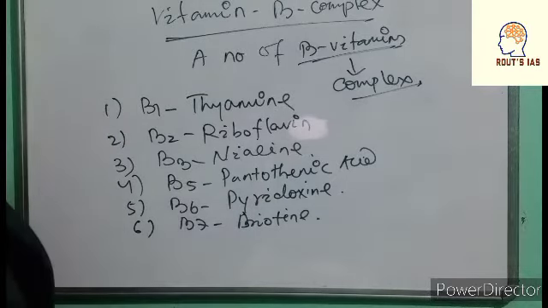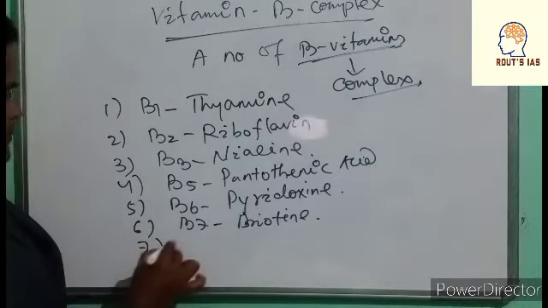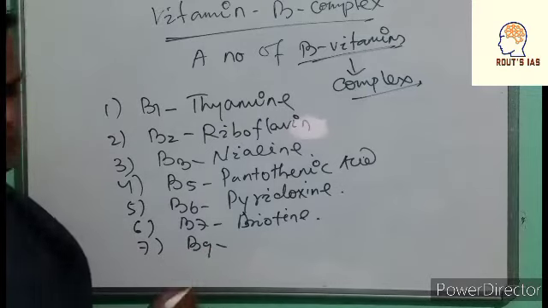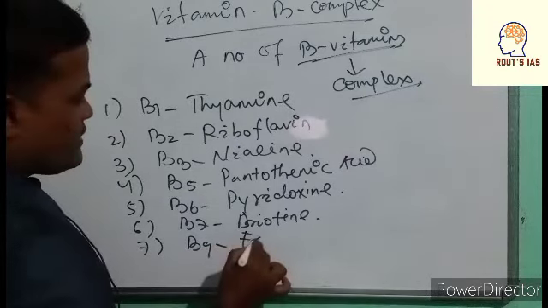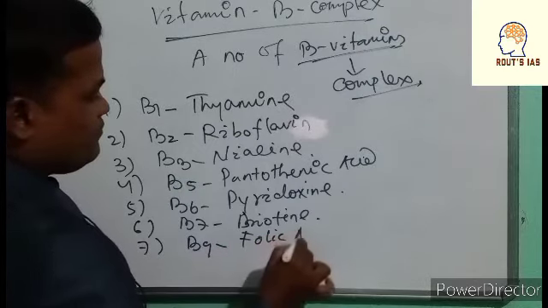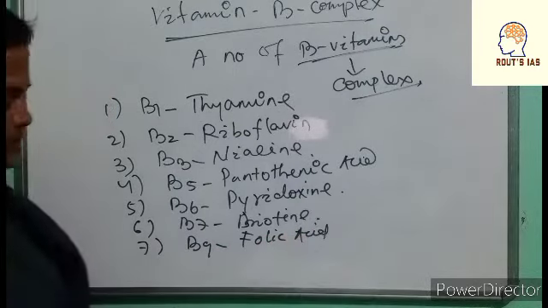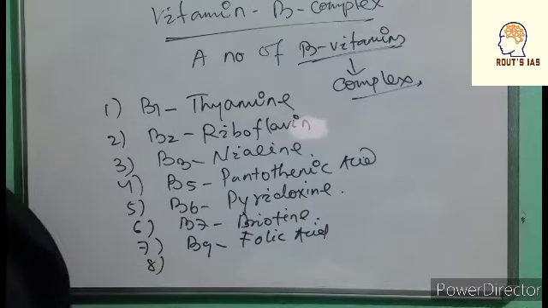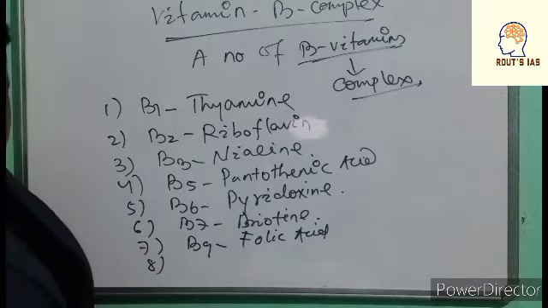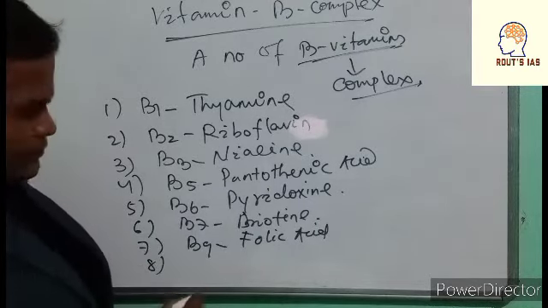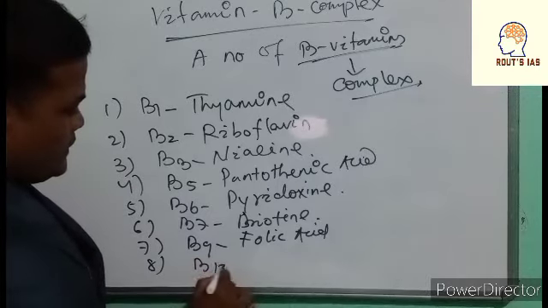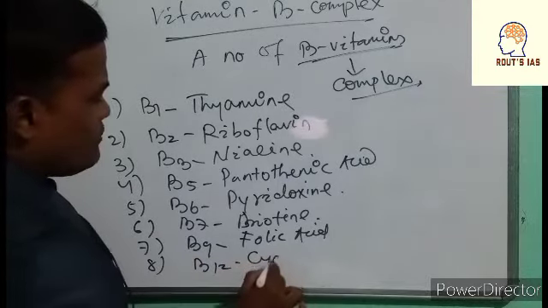Number 7, vitamin B9. Vitamin B9 is called folic acid or folates. Number 8, vitamin B12. It is called cyanocobalamin.